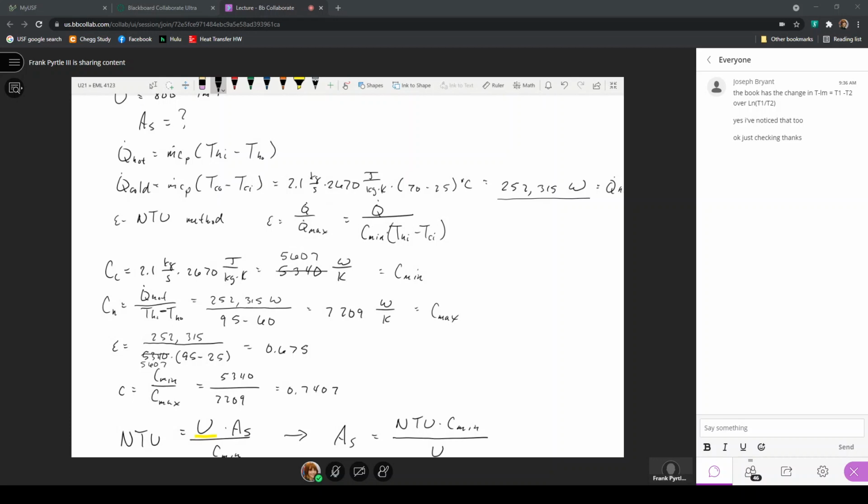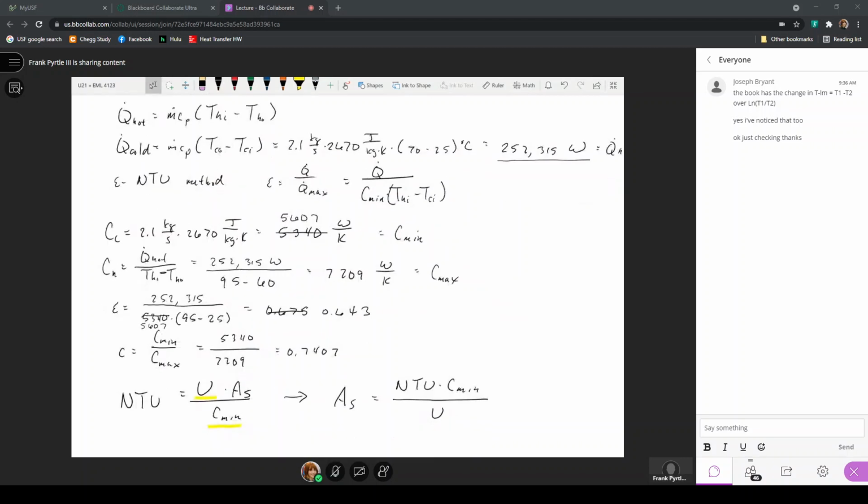All right, so this would be 0.643 here for the effectiveness, and the capacity rate ratio changes slightly because this again is 5,607 divided by here 7,209. All right, so this should be 0.778. All right, so now I have correct values.